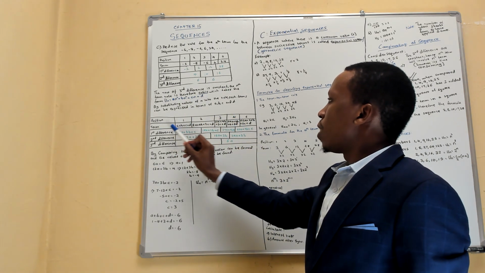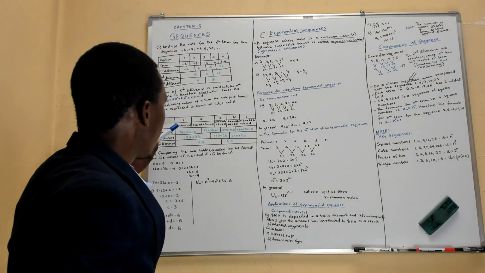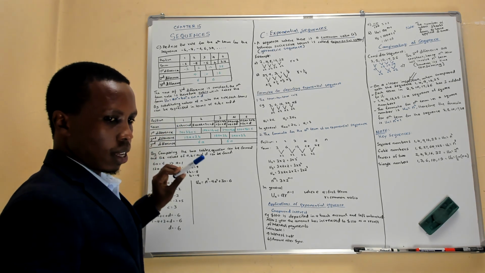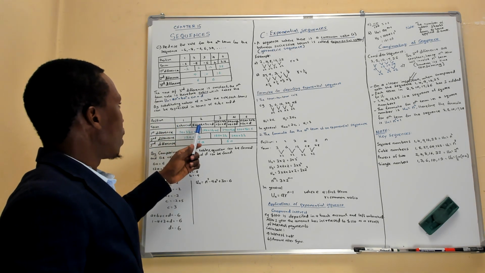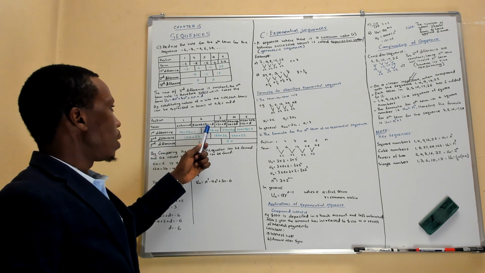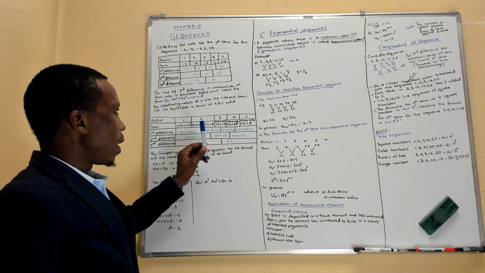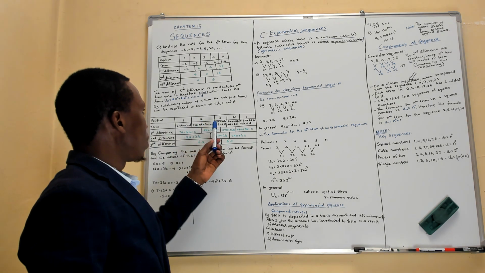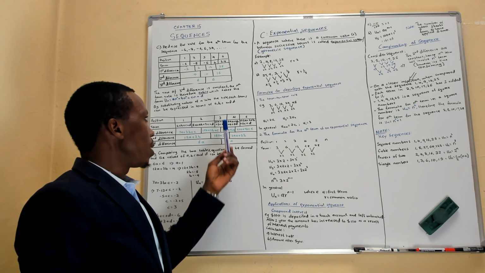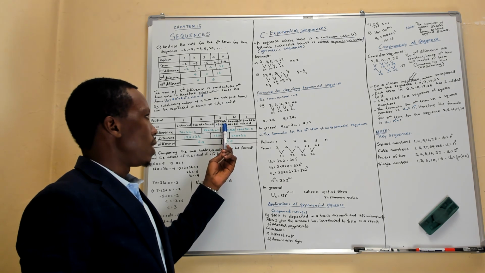So in the whole row, for the first term I get a plus b plus c plus d. For the second term, 8a plus 4b plus 2c plus d. For the third term, 27a plus 9b plus 3c plus d.